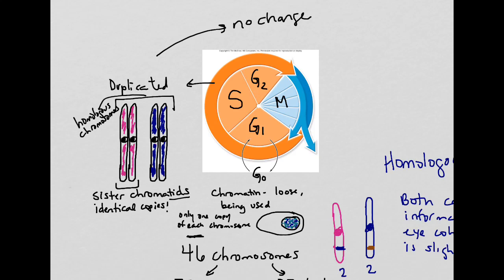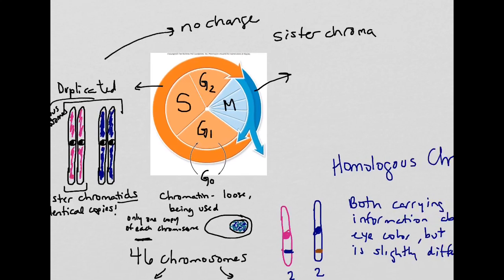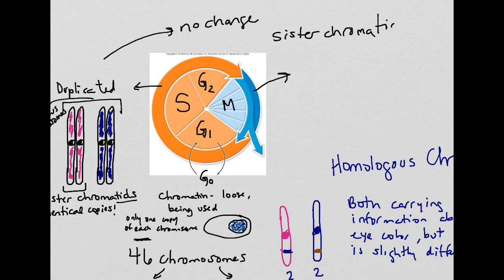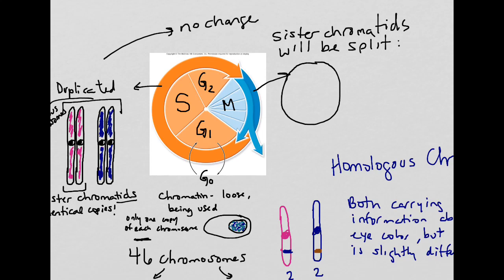Okay. And then when we go into mitosis, the chromosomes, the sister chromatids will be split. Okay, so that you end up with one cell, here's another cell.